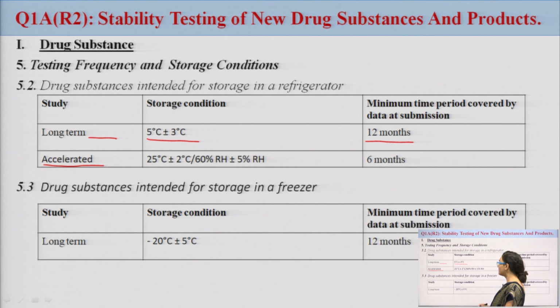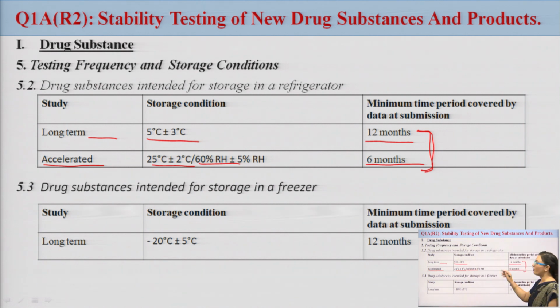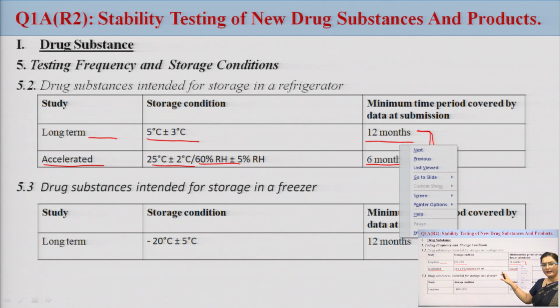Accelerated study is generally performed on 25 degrees Celsius temperature. Again 2 degrees Celsius variation is allowed and 60% relative humidity. This study is generally conducted for 6 months. That means for long term study we need 12-month data, and for accelerated study we need 6-month data.